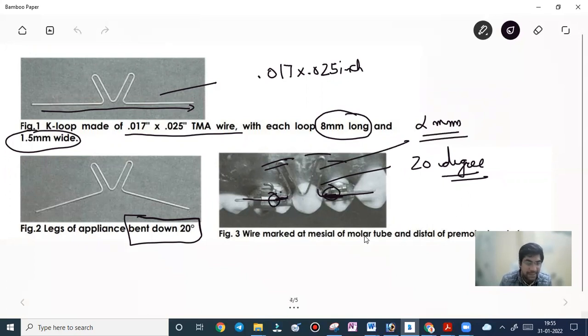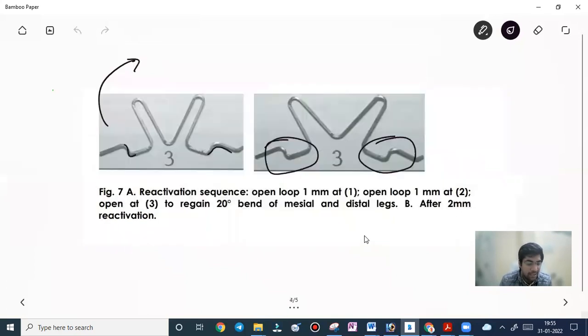So remember, these are 20 degree bends in the appliance legs. They will counteract the tipping moments that are created by the forces of the appliance, and these moments are reinforced by the moment of activation as the loop is squeezed into place.